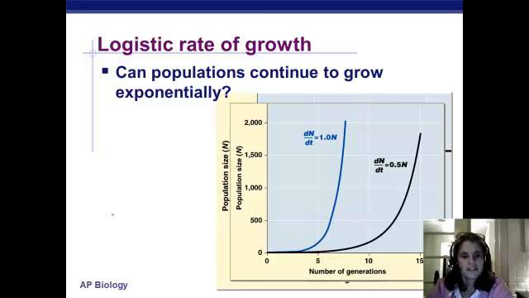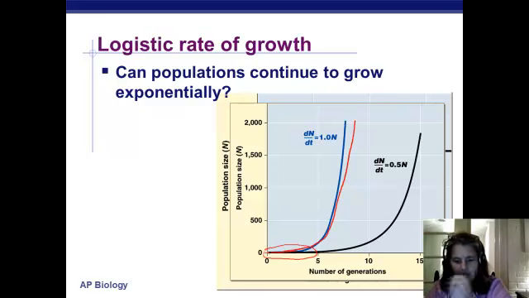Logistic growth versus exponential growth. We need to talk about that. Going back to that idea of the J-curve, okay? This is showing exponential growth of a population, meaning you start out with just a couple of organisms that can reproduce, and zoom, that population takes off after a while. It's slow going in the beginning, but once you get enough organisms, you hit a critical number.